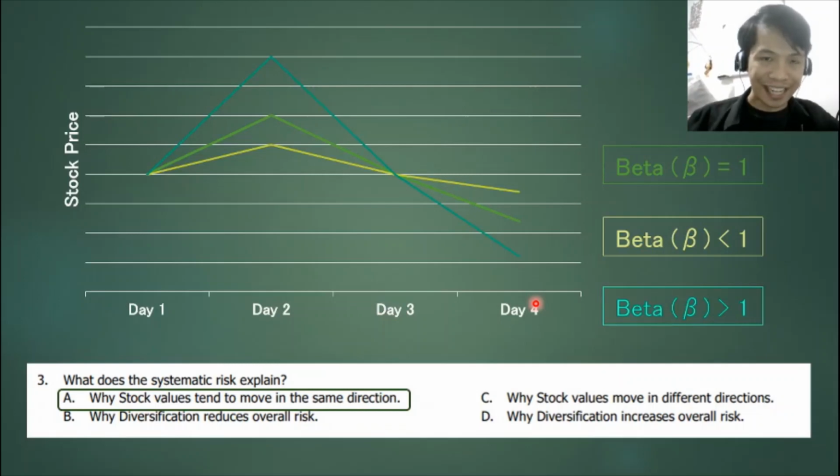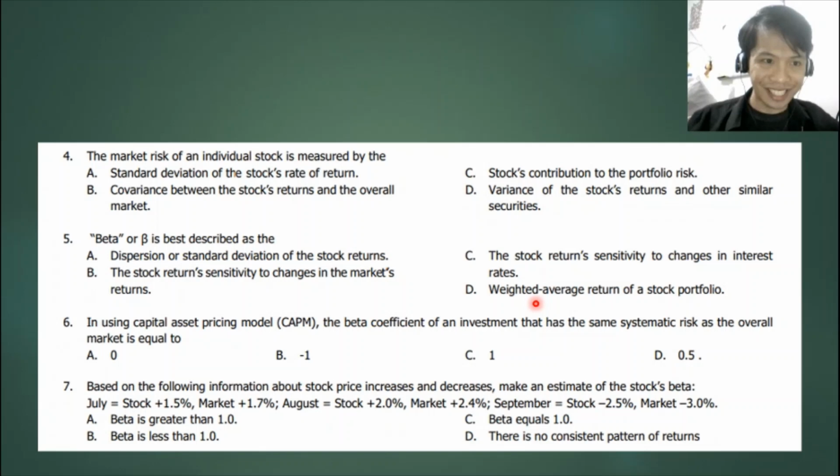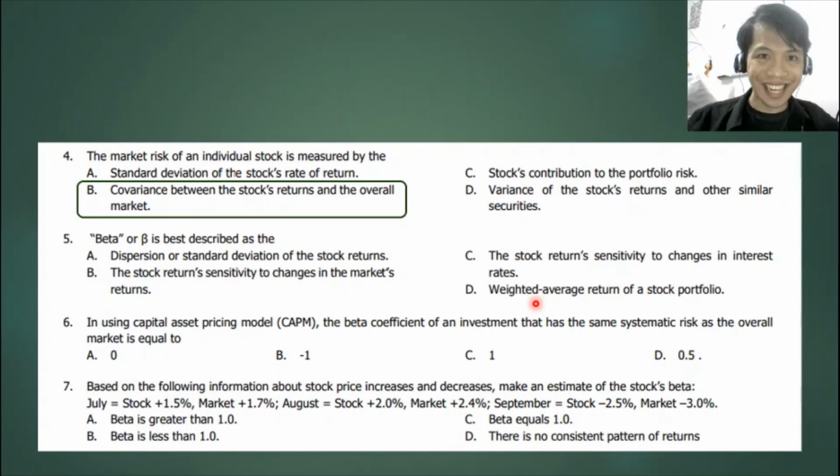So, let us answer the following questions. Number 4. The market risk of an individual stock is measured by, again, we use the term beta to measure such volatility. The technical definition of beta is letter B. It is the covariance between the stock's return and the overall market.